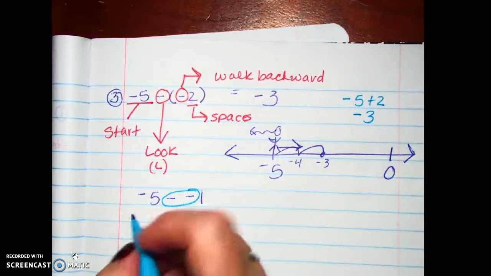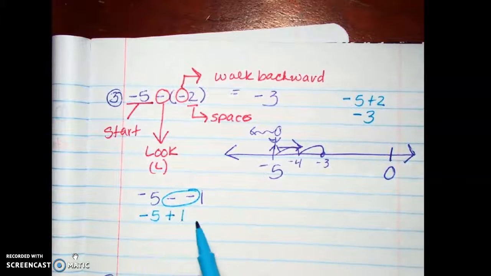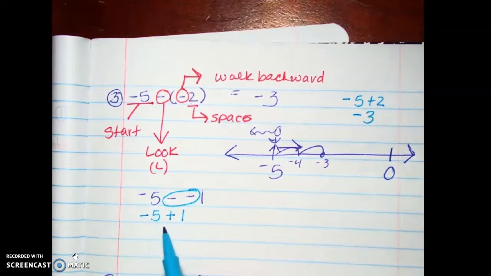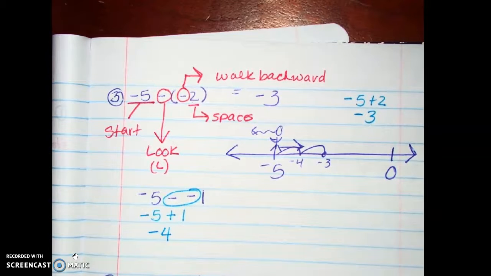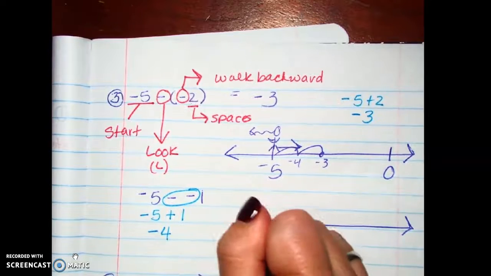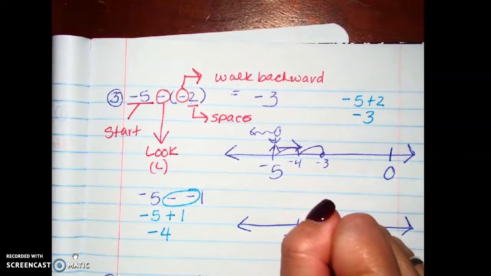And did that work out? Yes. So let's see. -5 plus 1. Well, guess what? That ends up being 5 minus 1 is 4. And then I put the negative sign because that's the greater number. Does it work when I look at it on a number line? Well, let's see. So I'm going to put a -5.